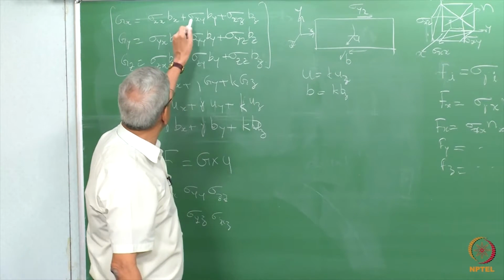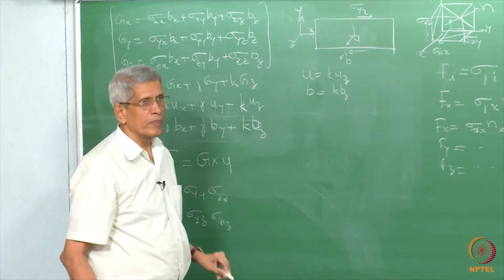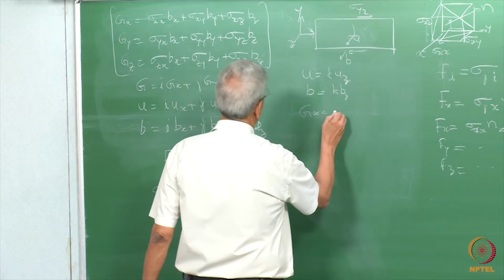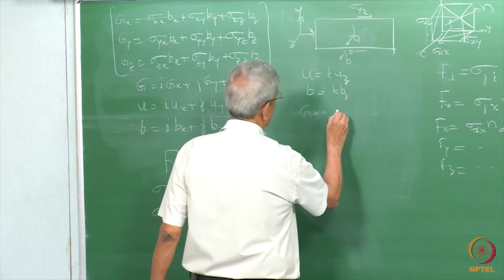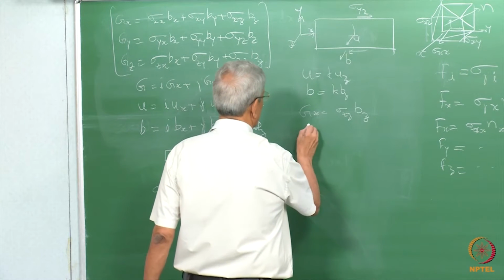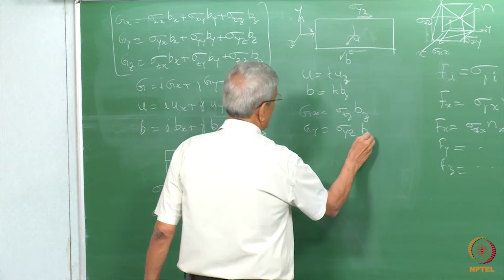Kbz, correct. Now Bx and By, all these terms are 0. Now what will this Gx turn out to be? Gx will turn out to be sigma xz into Bz, correct. Gy will be equal to sigma yz into Bz.